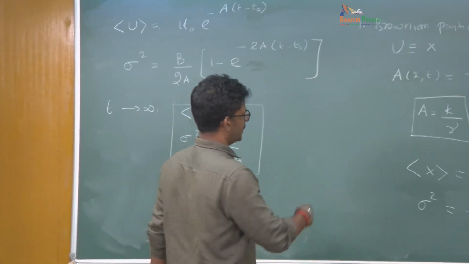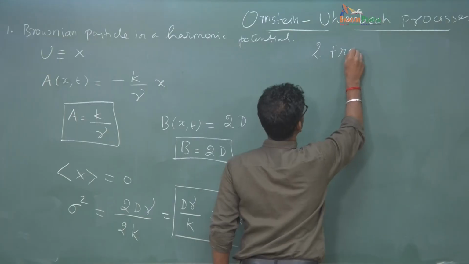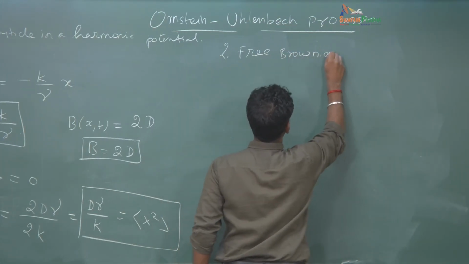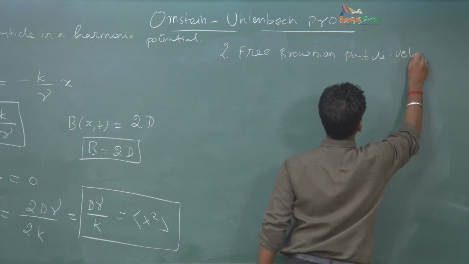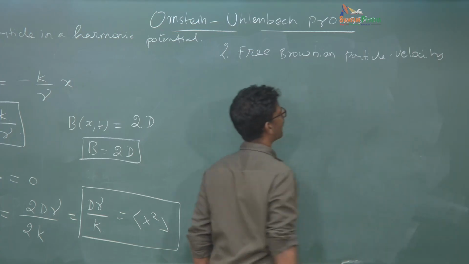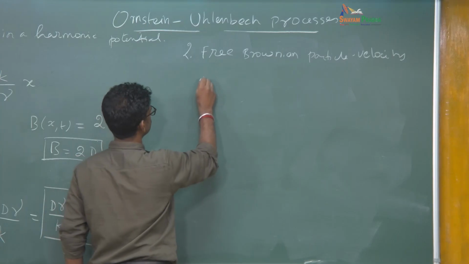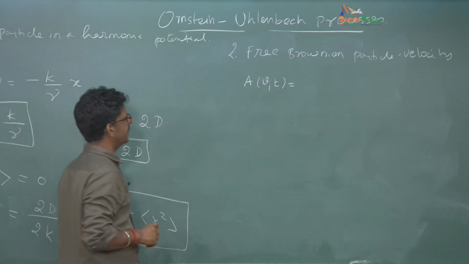So now we can go to the second process, that is free Brownian particle velocity. What is the value of A?